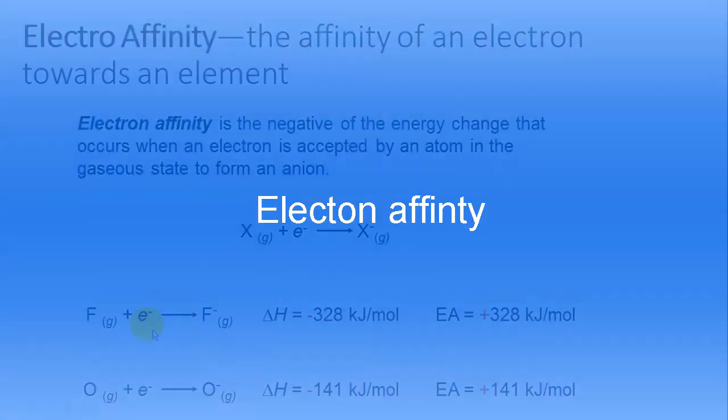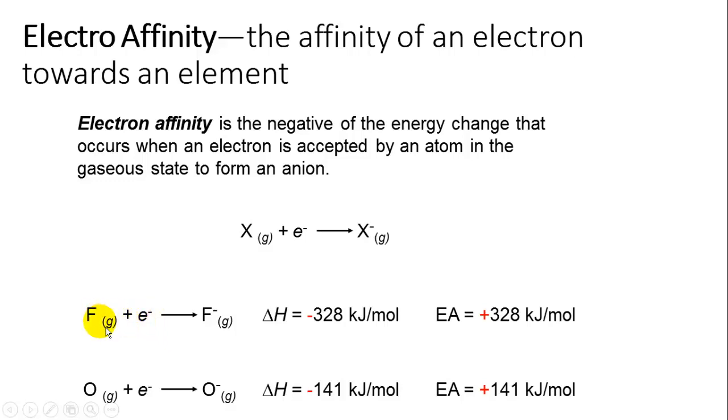Notice here, fluorine, one of the most electronegative elements in the periodic table, when it gains an electron in the gaseous state, releases 328 kilojoules per mole to the surroundings. That negative sign means it's releasing energy to the surroundings. That's a lot of energy, and that implies a very high affinity of electron to fluorine.